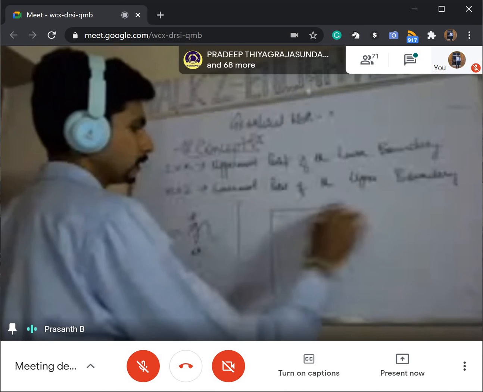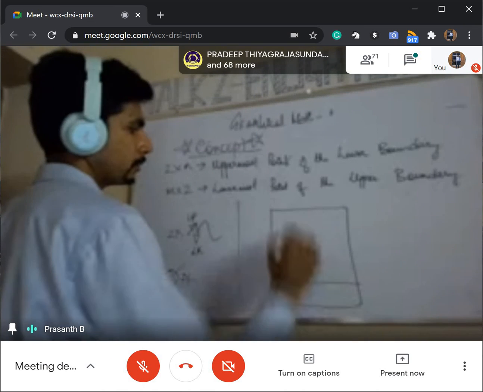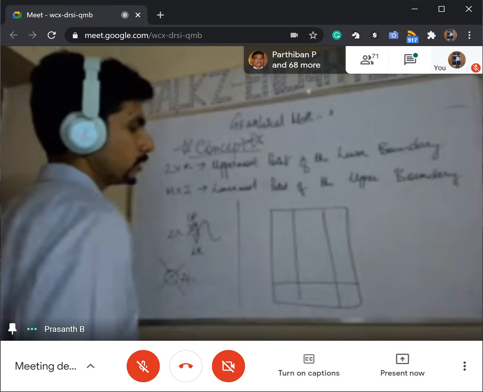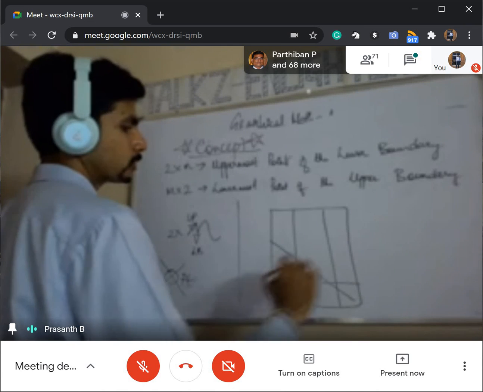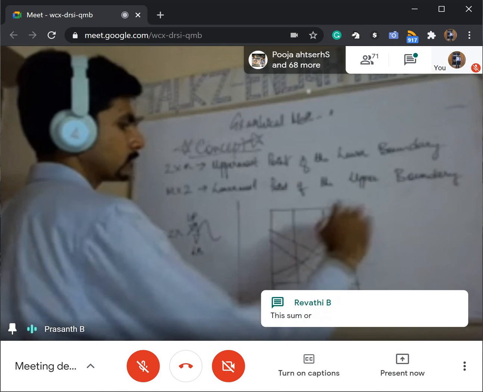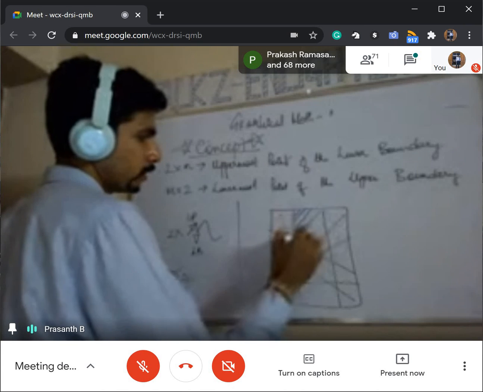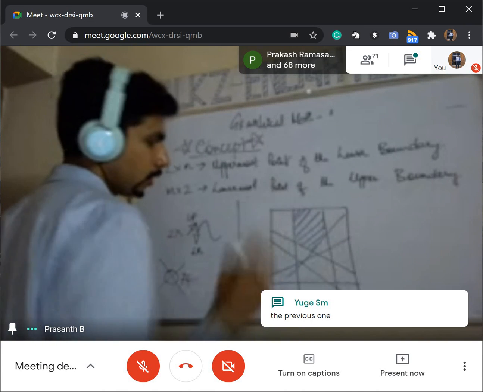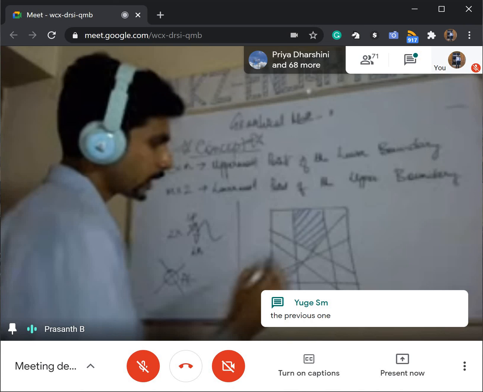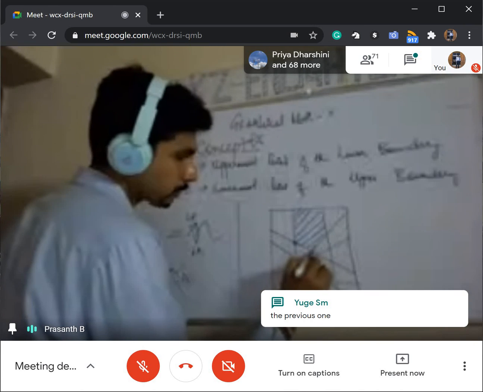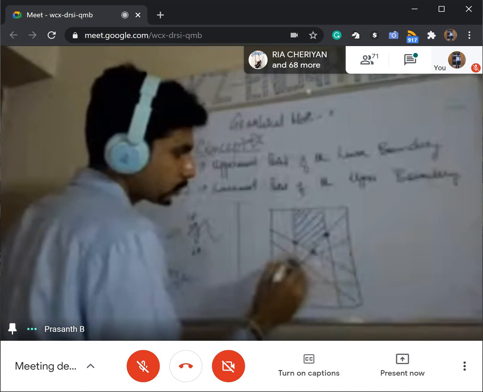So it will be like this. This is the graph sheet. 2 lines. Okay. So you will have lines all the way like this. So this will be your upper boundary. Which is the upper boundary? This one. Okay. So which are the 3 points? This one, and this one.